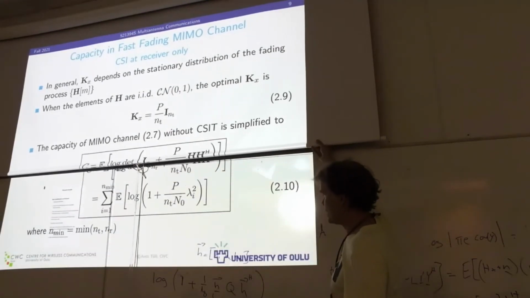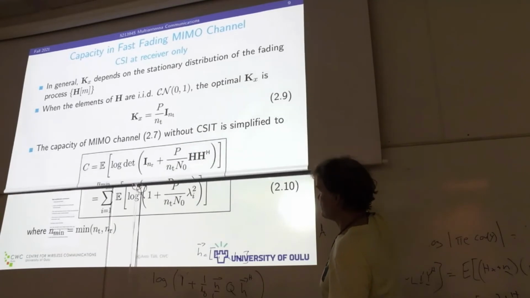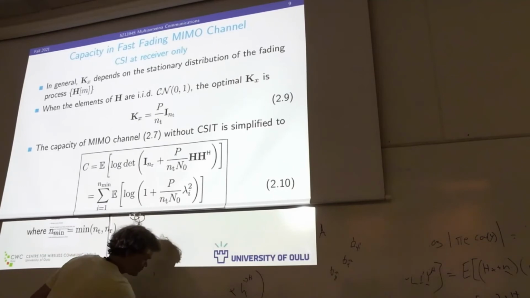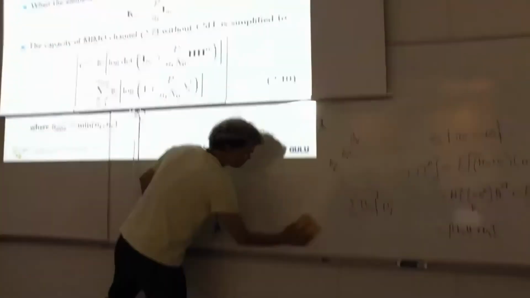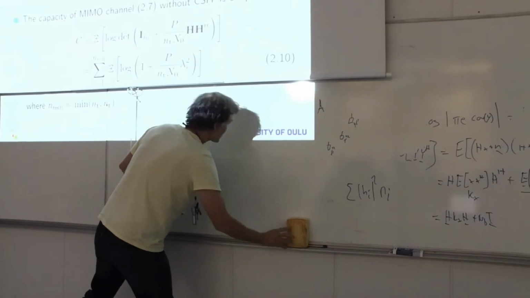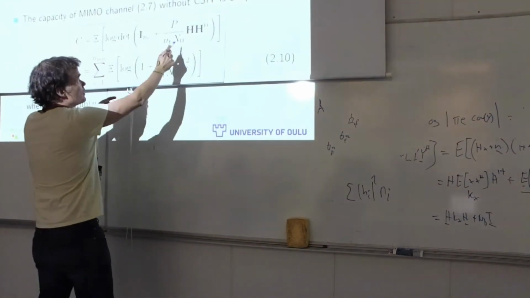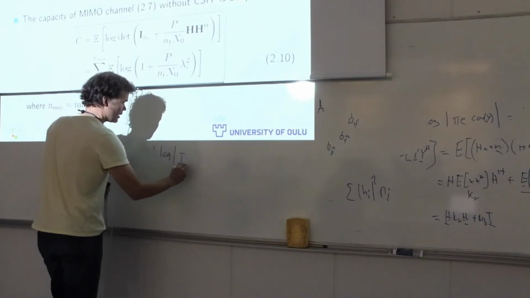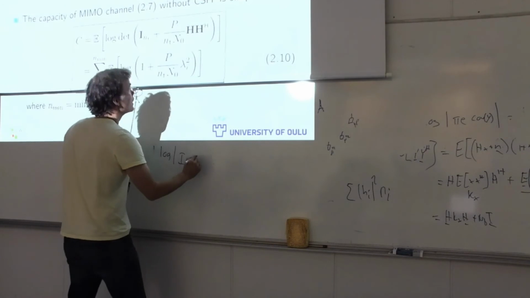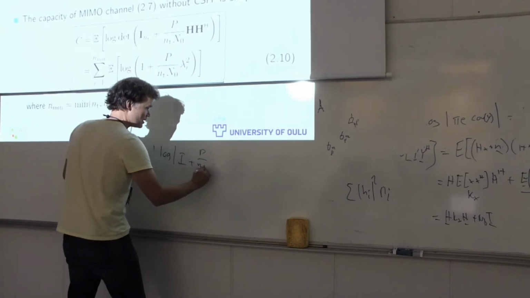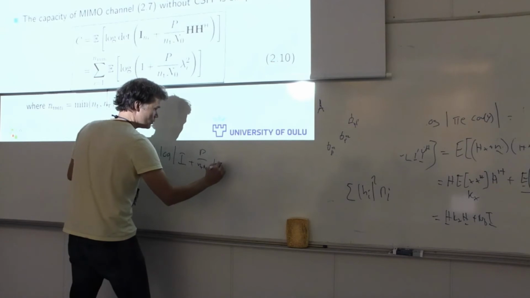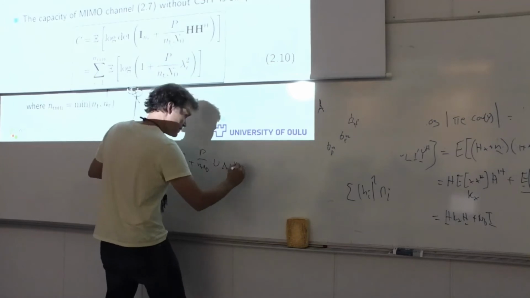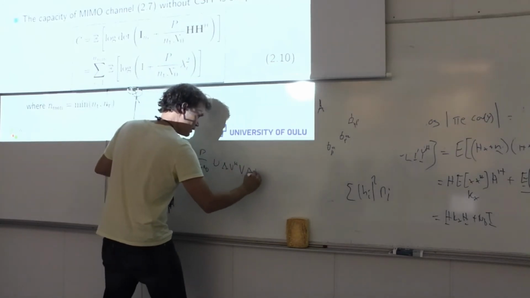Again, when we plug in the SVD expression, we can express this as log determinant of I plus P over NT N0 U lambda U Hermitian, where H Hermitian is V lambda U Hermitian.